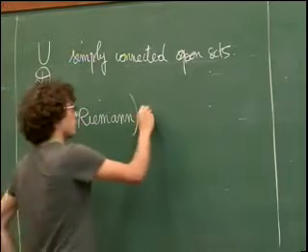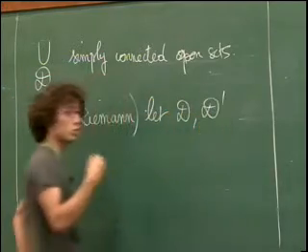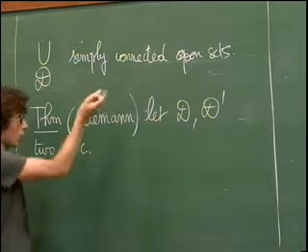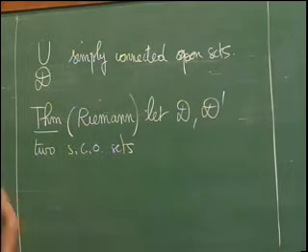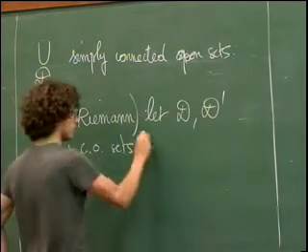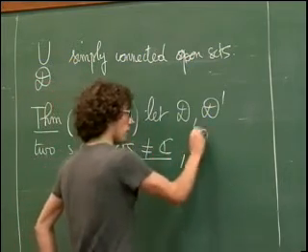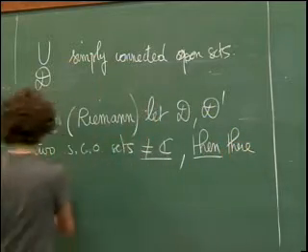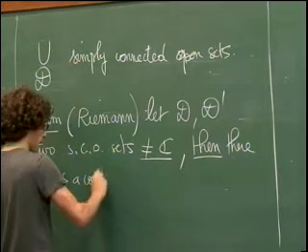So if I take D and D prime, two simply connected open sets, which are not equal to the plane, and we will discuss that later, then there exists a conformal map between them.